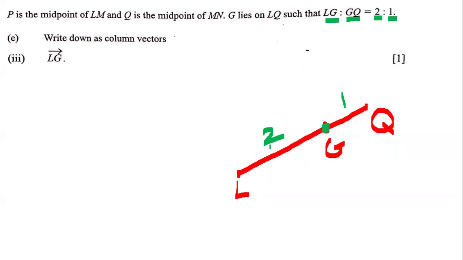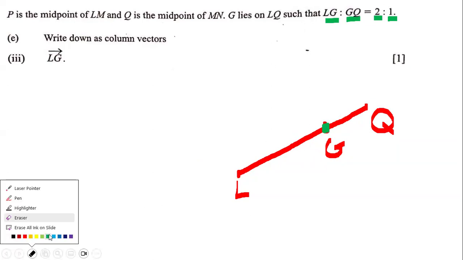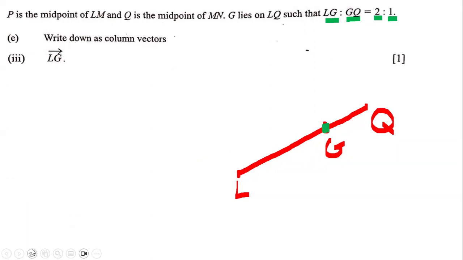So what that actually means is that LG is 2 out of 3, because LG accounts for 2 equal parts, but 2 equal parts out of how many?